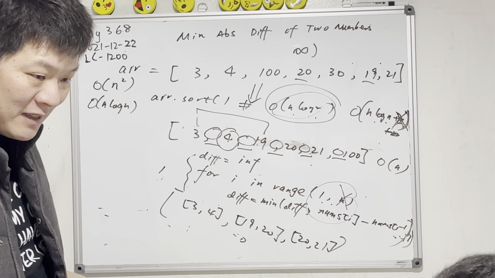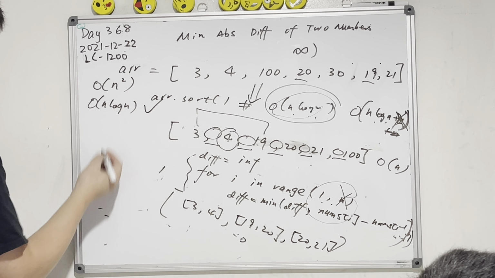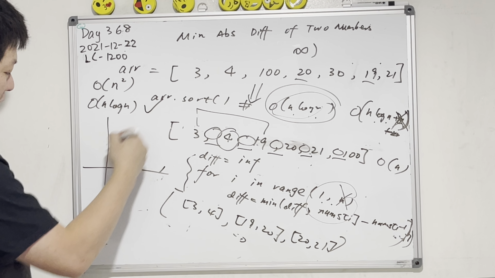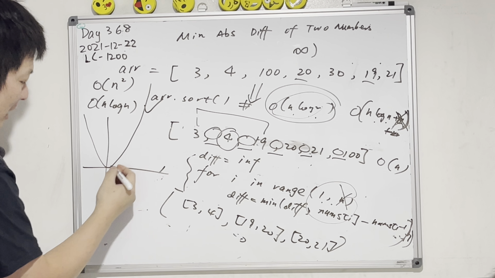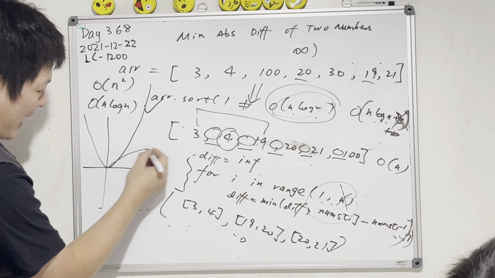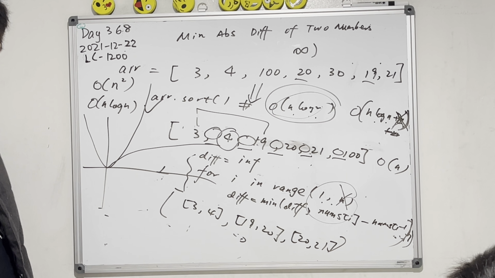So this one is clearly better. There's a huge difference if n goes very large. O(n squared) could be like that, and O(n log n) could be like that.